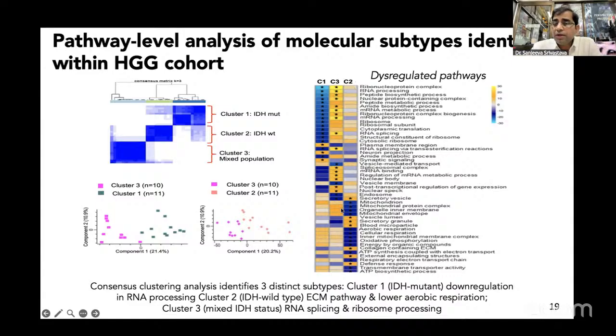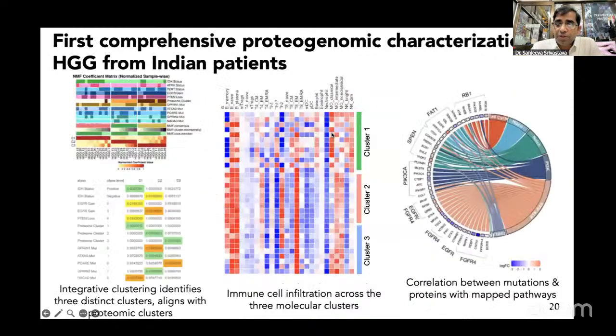And each one of those is driving some unique biological pathways. So you can see the biology can be so much more pronounced, so much enhanced, if we are able to compile this information together.